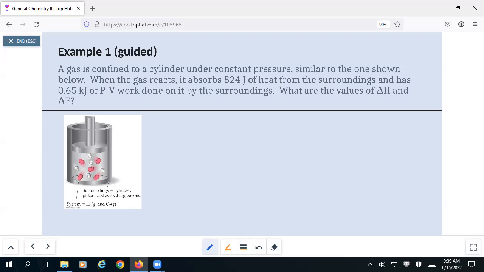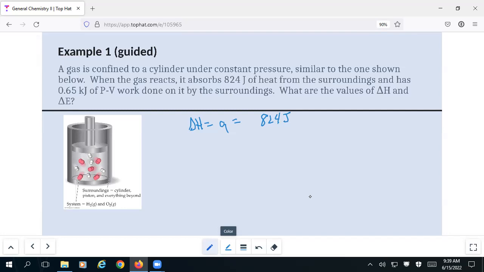So what we have to remember is that delta H should be equal to the value of Q if we're at a constant pressure, and we're dealing with PV work. We know it's 824 joules. What is the sign?